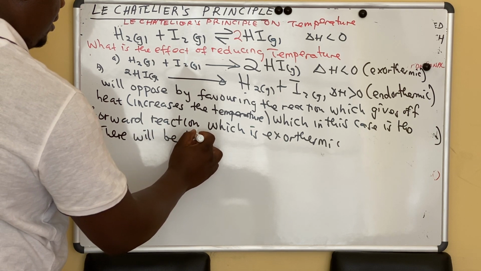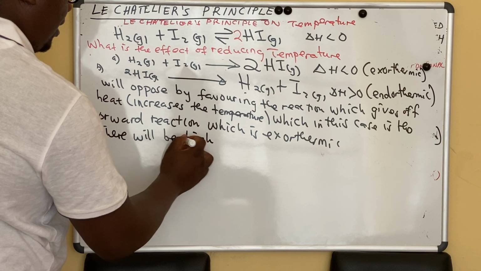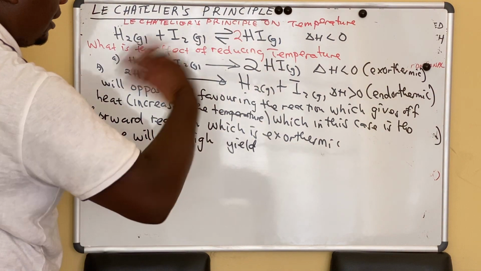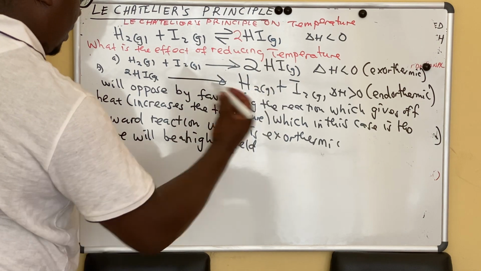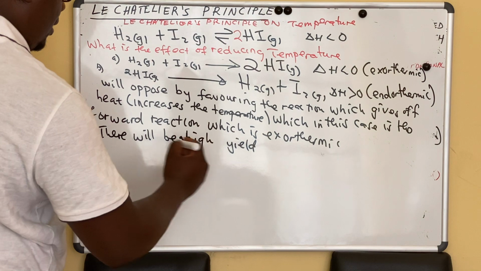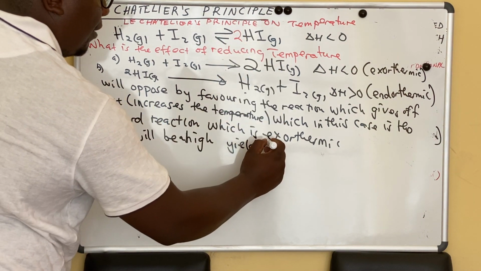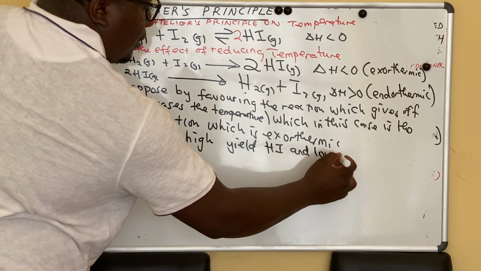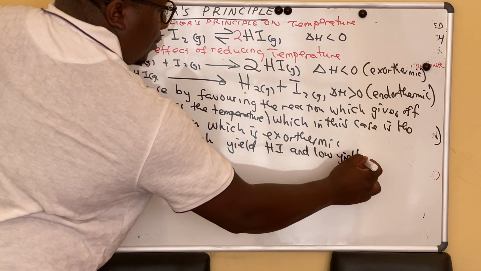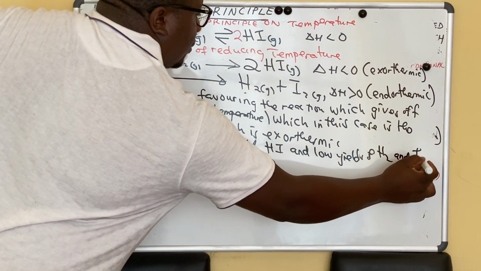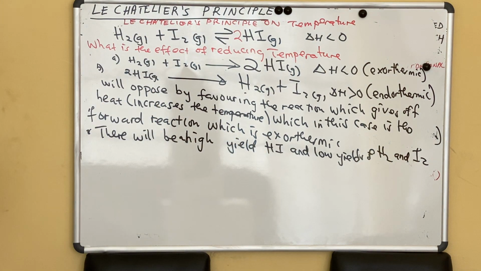There will be a high yield. Yield is basically harvest, what we get out, the products, what comes out of a certain process is what we call yield, like in farming. So there will be a high yield of hydrogen iodide and low yields of H2 and I2. Right.